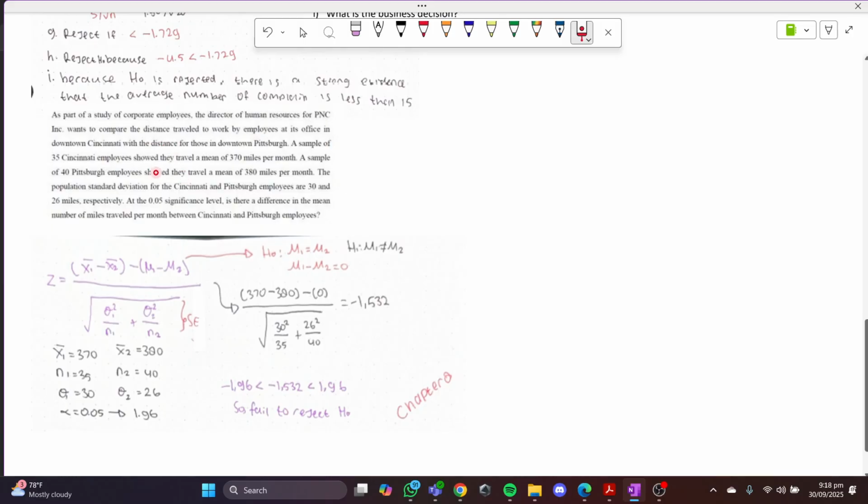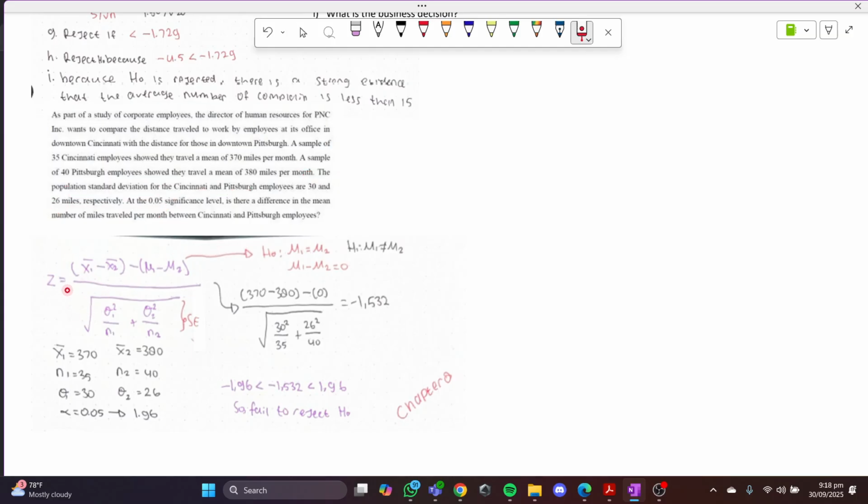Basically, let's say that Pittsburgh is P and Cincinnati is C. For C we have a sample of 35 and a mean of 370, and for P we have a sample of 40 and a mean of 380. And the population standard deviations are 30 and 29 respectively, at a 95% confidence level.